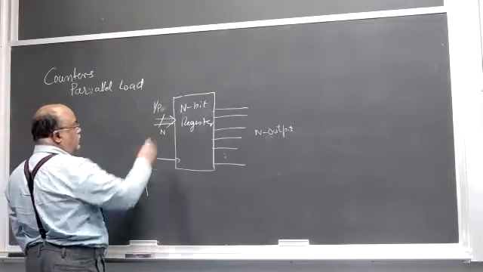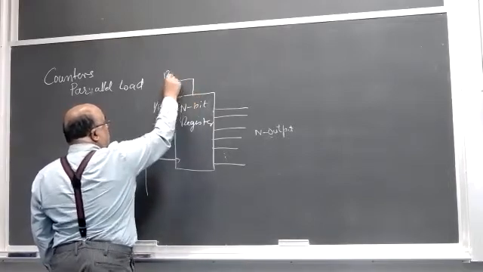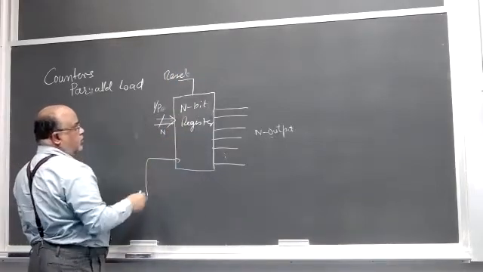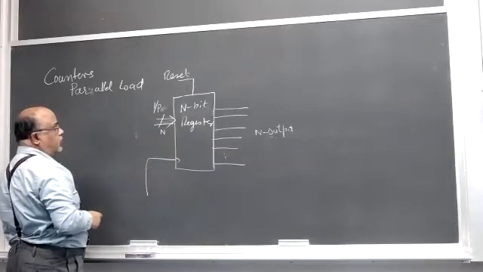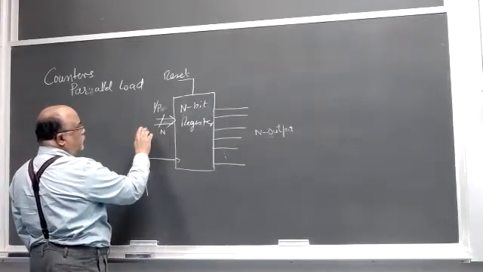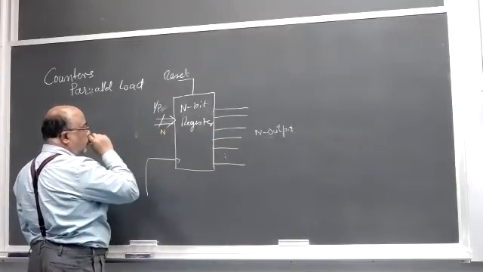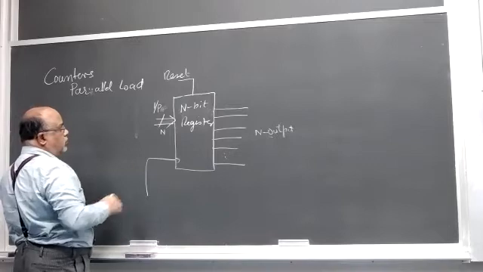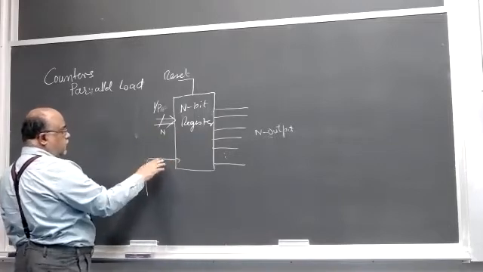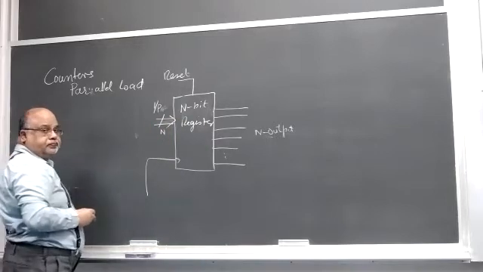In up count mode, it takes the current value, increments it and loads that value, so this value is 1 greater than this value. In down count mode, this value is 1 less than this value, so that when the clock pulse comes, that value is loaded onto the register.